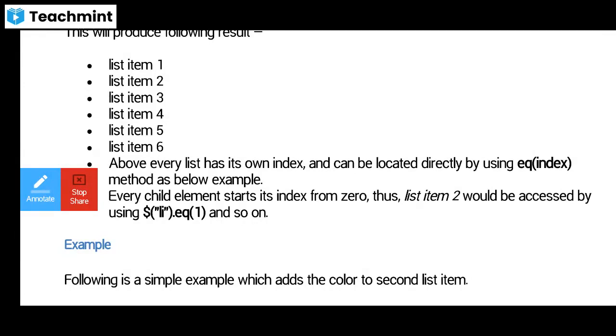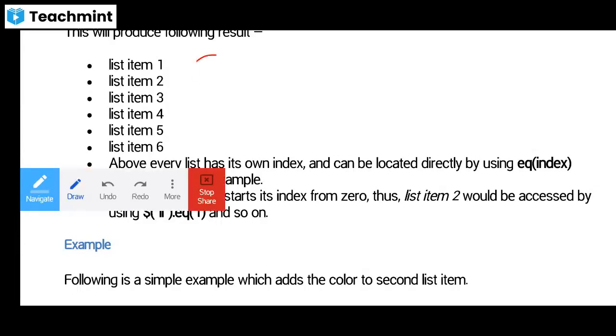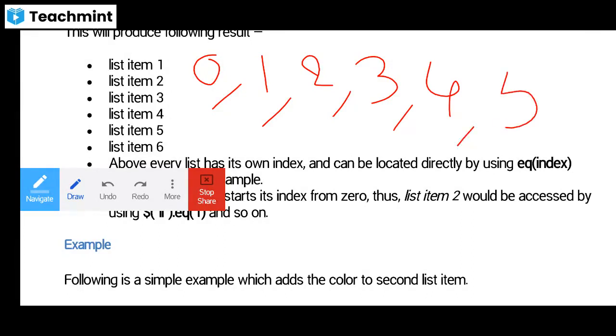So it is going to start with 0 for list item 1, list item 2 is 1, list item 3 is 2, list item 4 is 3, 5 is 4, and 6 is 5.